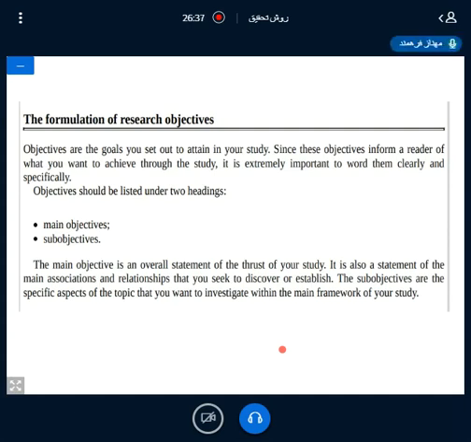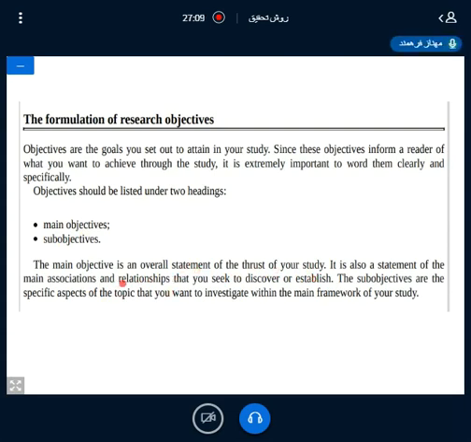Objectives should be listed under two headings. So the objectives are divided into the categories main objectives and sub-objectives. You have two kinds of objectives in your study, main objectives and sub-objectives. The main objective is an overall statement of the thrust of your study.